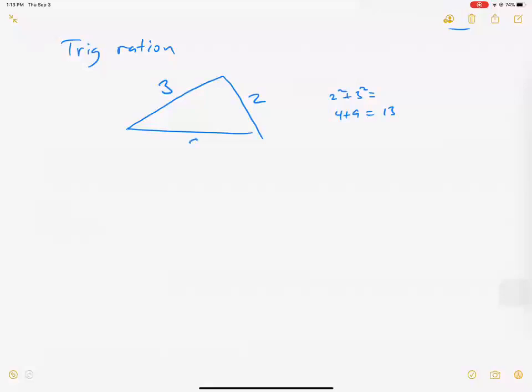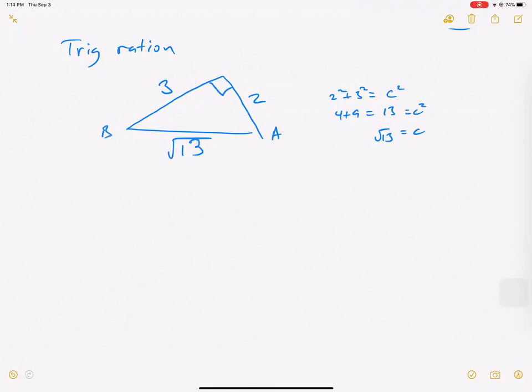So C is the square root of 13. Okay, that's the third side. We'll call this my right angle here. Call this A and call this B.